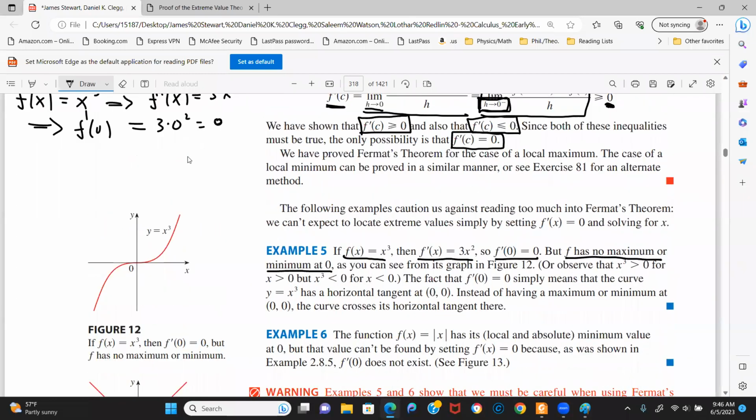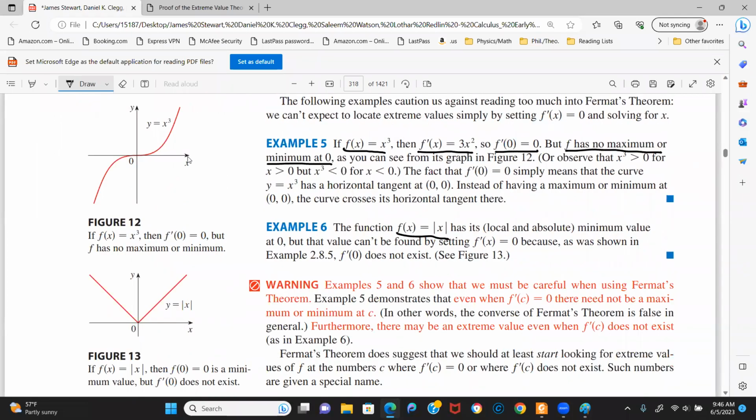All right, so let's see, what is the next thing? So we have this example here. The function f of x equals absolute value of x is not differentiable at this point.